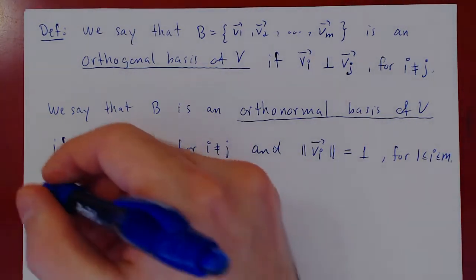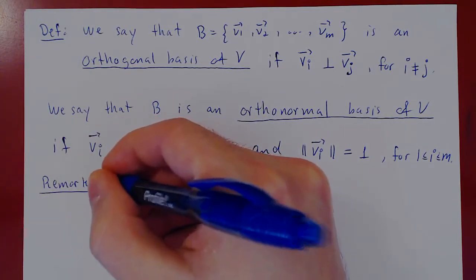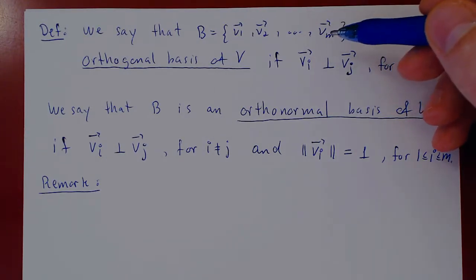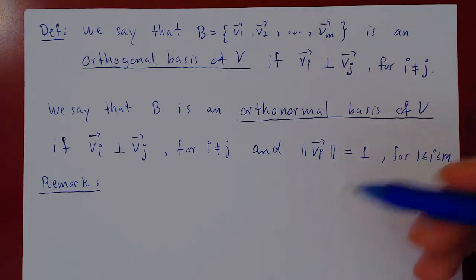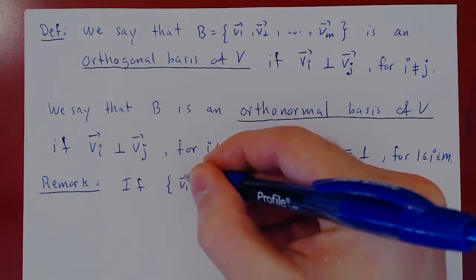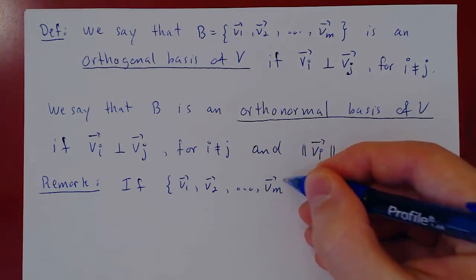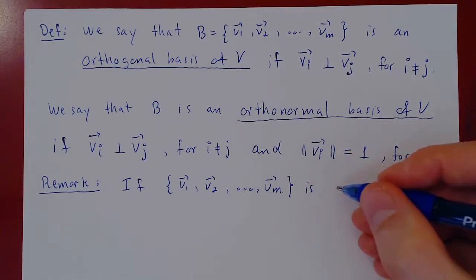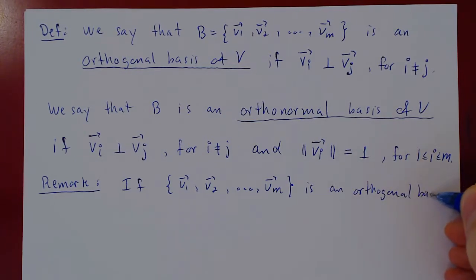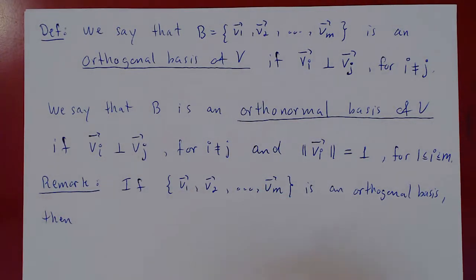Let's make one simple remark. What if you had an orthogonal basis? How hard would it be to transform this basis into an orthonormal basis? And the answer is not very hard. So if the basis v1, v2 up to vm is an orthogonal basis, then, well, think of it.